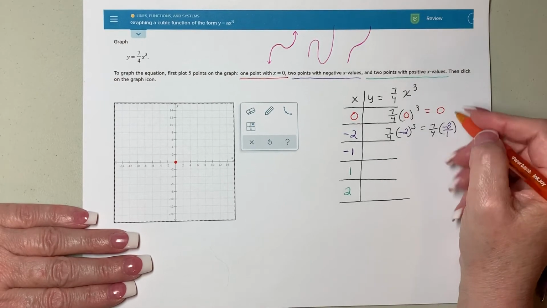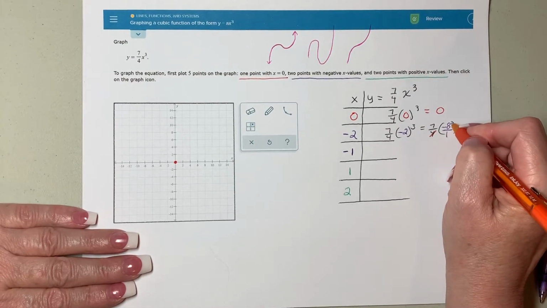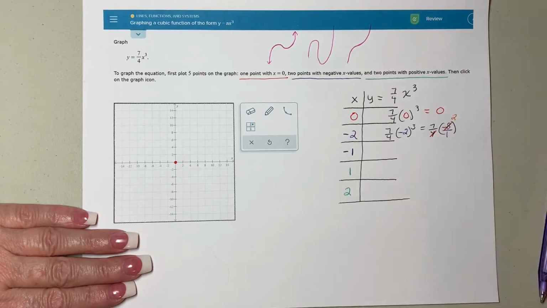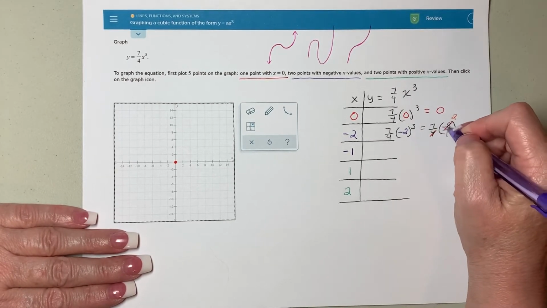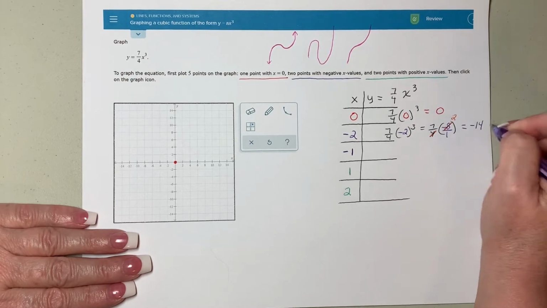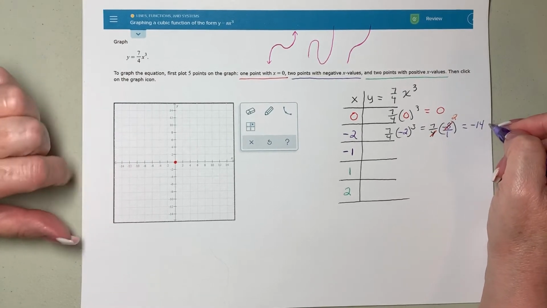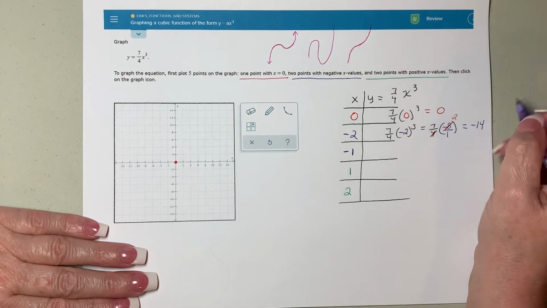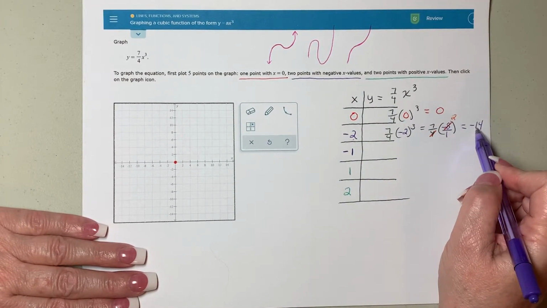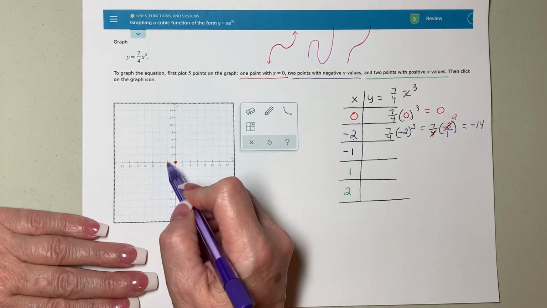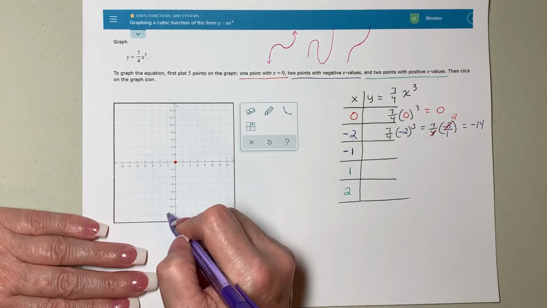And then I can cross cancel my 4 into my 8 twice, and that's going to give me +7 times a -2, a -14, which just barely makes it onto my graph. So my next point is at -2, -14. So I'm going to go 2 to the left and down 14 right there.